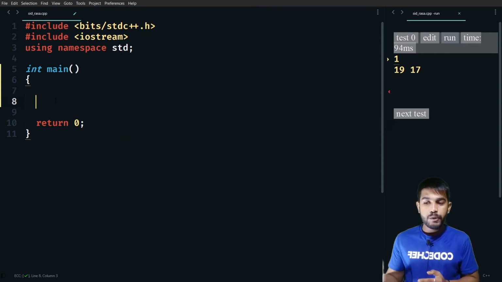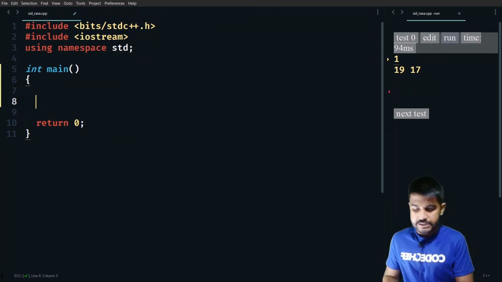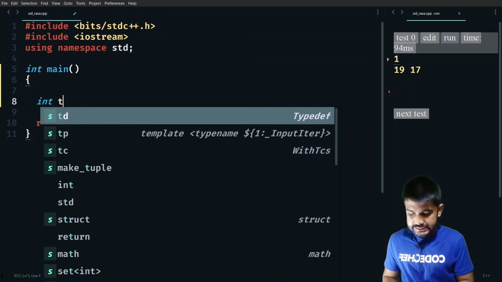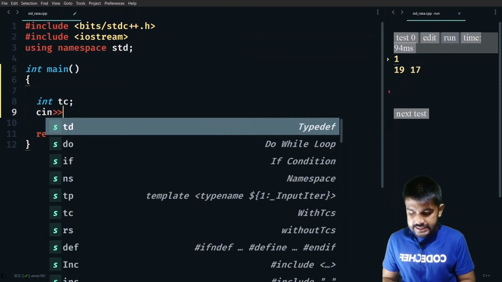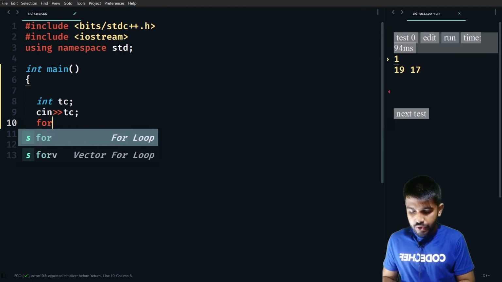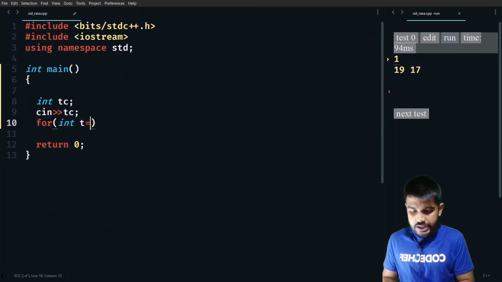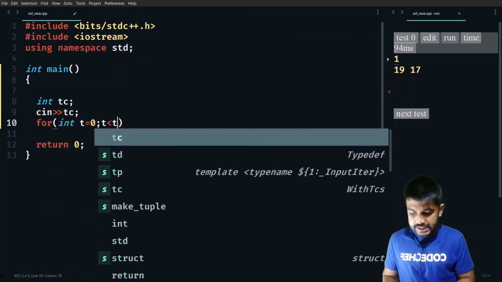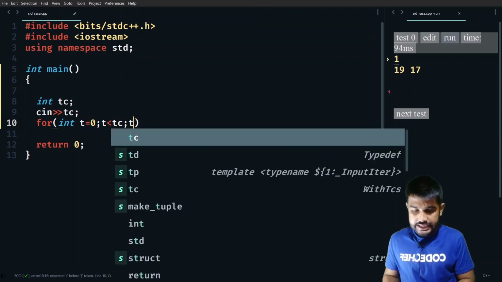At first we would take care of the test cases part. So int TC, cin TC, and then a for loop, int T equals 0, T less than TC, T plus plus.